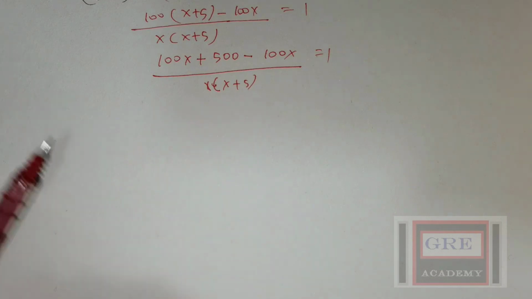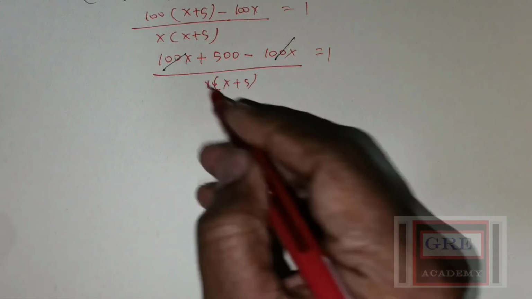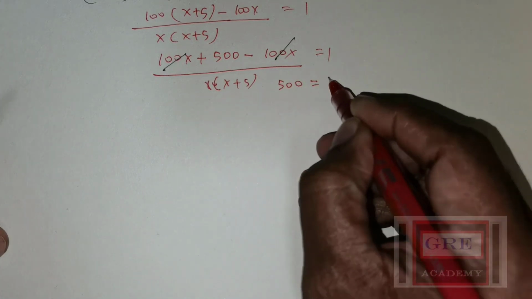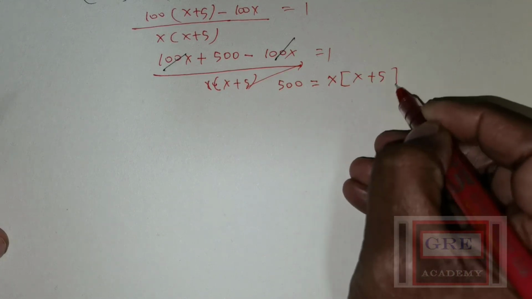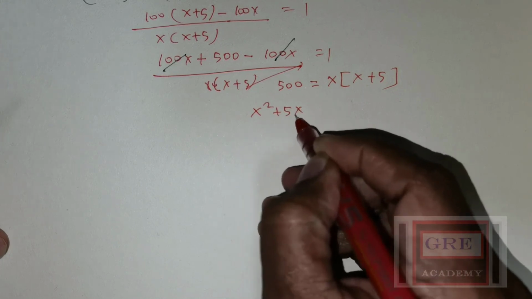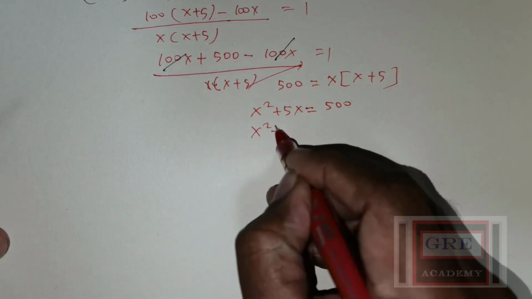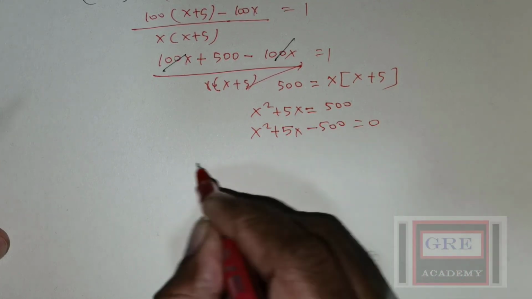Now clearly we can cancel 100x and 100x, signs are different. So I now have 500 is equal to, cross multiplying, x times x plus 5. This is rewritten as x squared plus 5x is equal to 500, which is rewritten again as x squared plus 5x minus 500 is equal to 0.